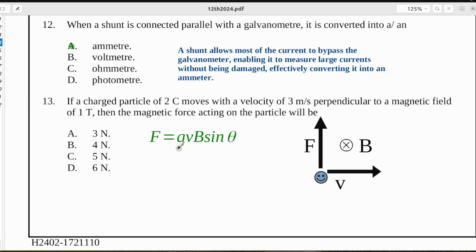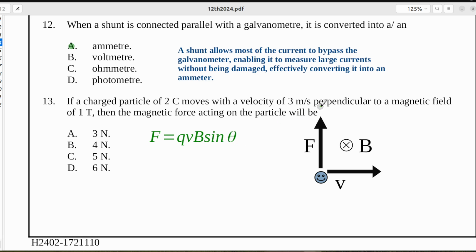To see the answer, we can refer to the formula for the magnetic force on a particle in a magnetic field, which is F is equal to Q charge into velocity into magnetic field into sine theta.